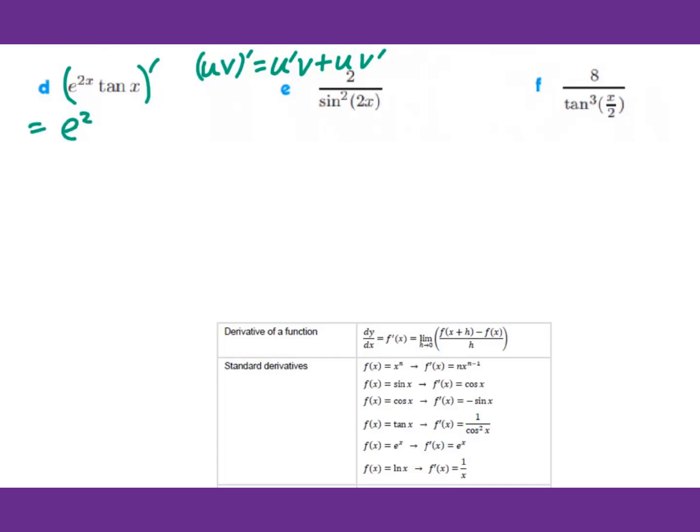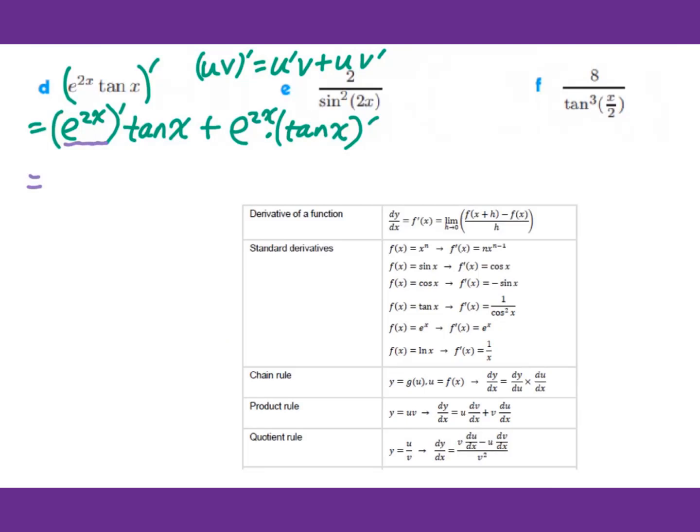Therefore, e to the 2x power, we do the derivative, then tangent x, plus e to the 2x times tangent x, we do the derivative. We work this out. This is a derivative of an exponential function. So you will get e to the 2x. Then use chain rule, that's 2.